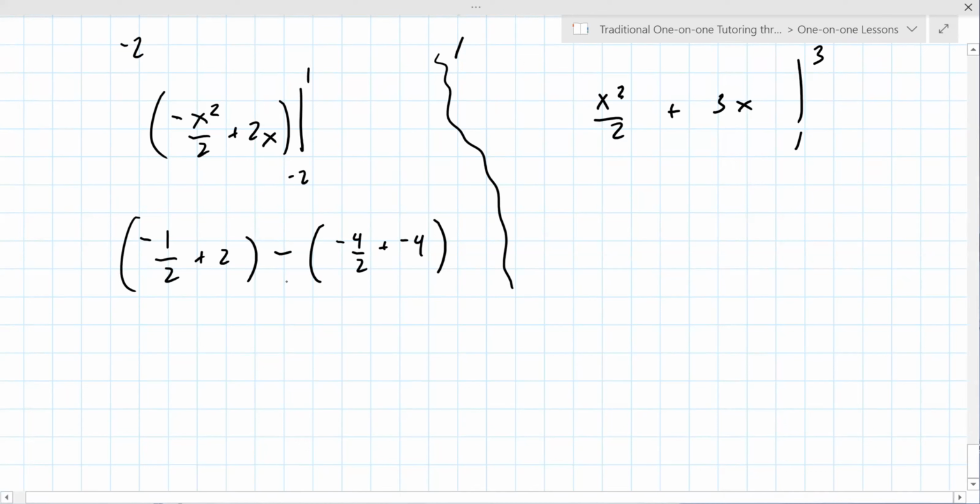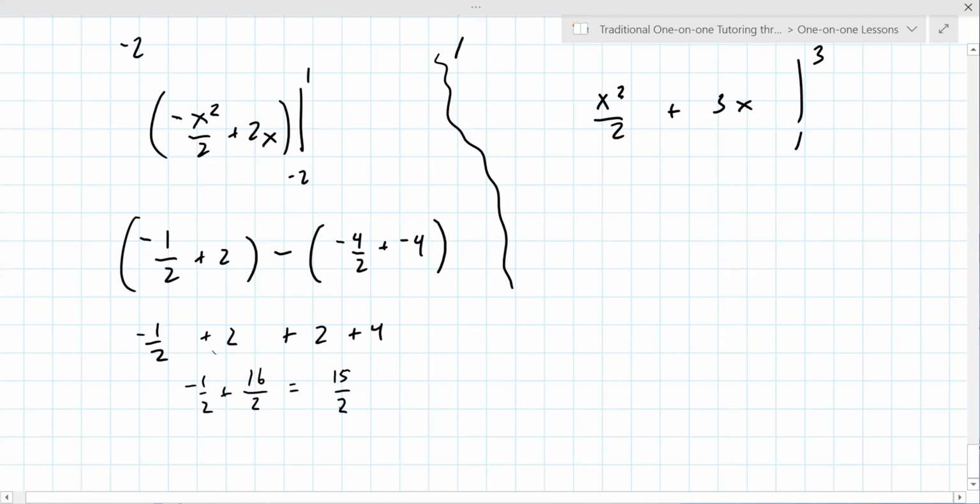Is the left side 17 halves? Oh yes. Wait, well, no, I'm sorry, it's 15 halves because it's 7.5. Right? These make 8. 16 over 2.